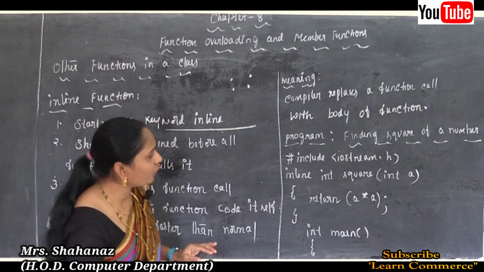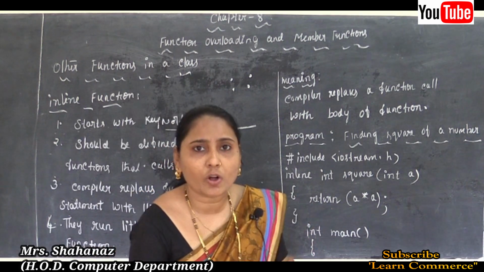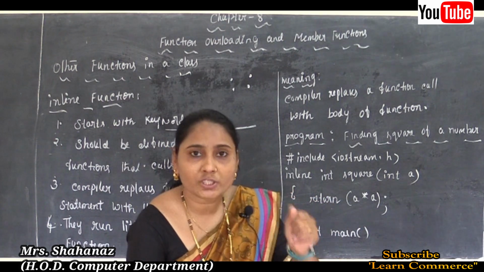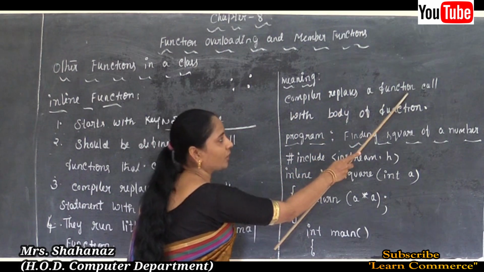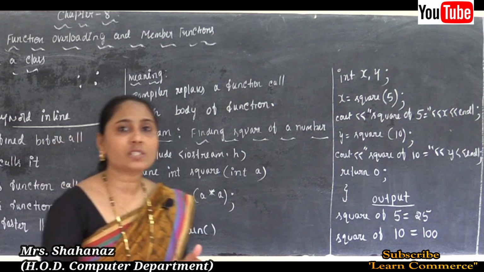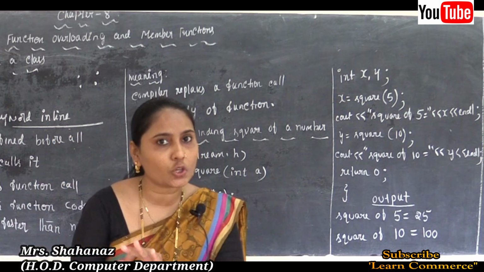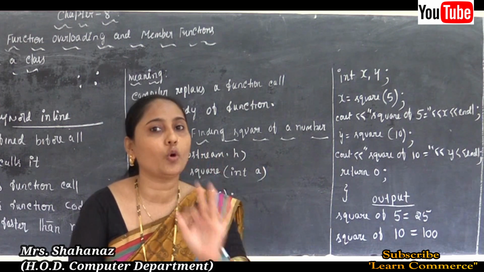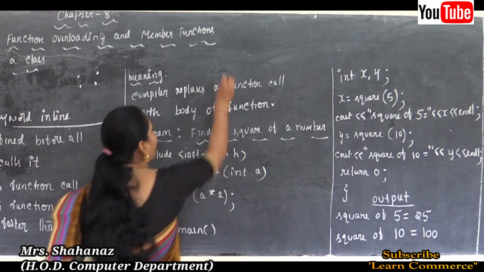What I said here may cause some confusion to everyone, because I am going to repeat this same line again and again. The first time I said the compiler replaces the function call with the body of the function, and the second time the line is: the inline function consists of the function call statement with the function code itself, and the process is known as the expansion.